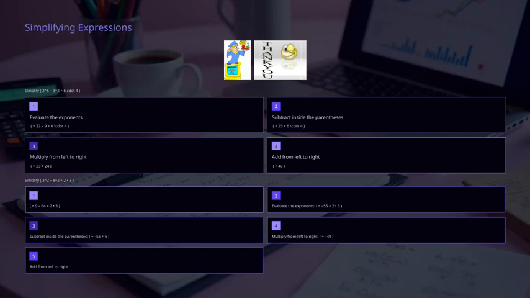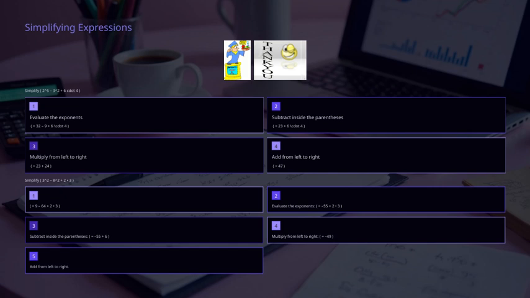Let's walk through simplifying these expressions step by step. First, we look at the expression 2 to the 5th power minus 3 squared plus 6 times 4. The key here is to evaluate the exponents first, because according to the order of operations, exponents come before multiplication and addition or subtraction. So 2 to the 5th power is 32, and 3 squared is 9.